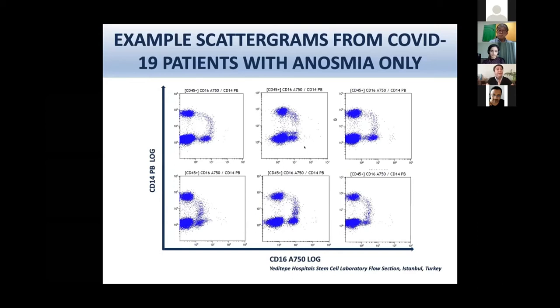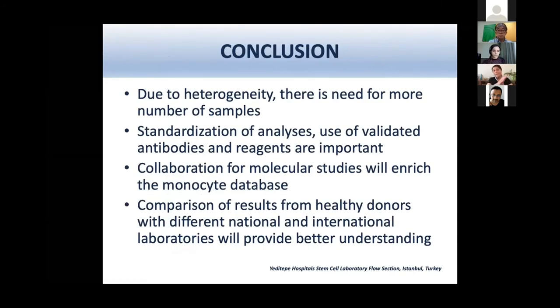As you can see, they all have different patterns that give a clue about two different populations of the CD14 intermediate donors.